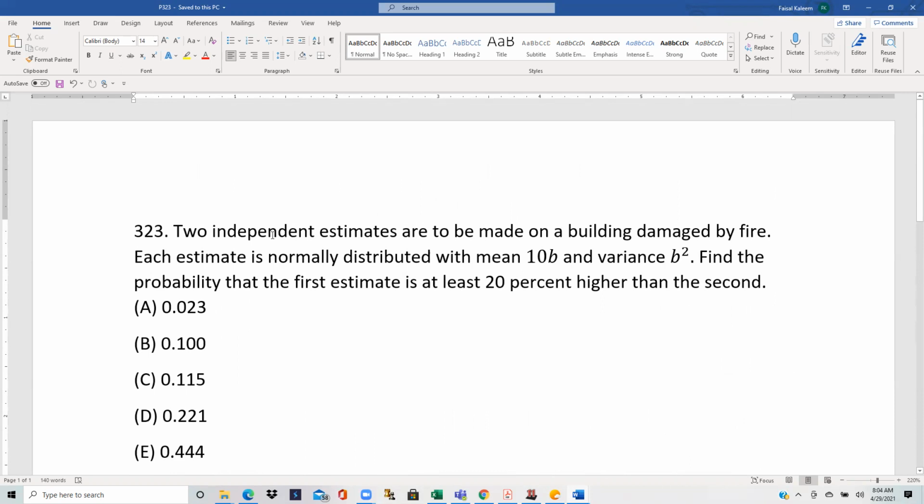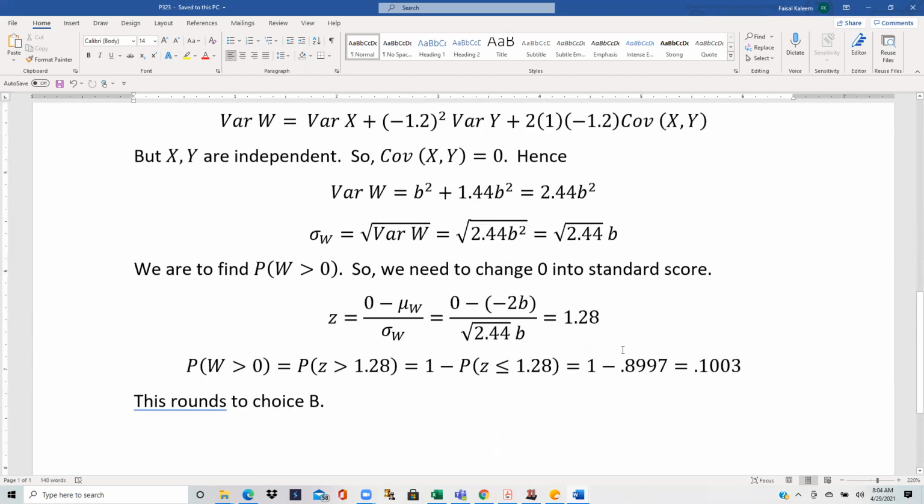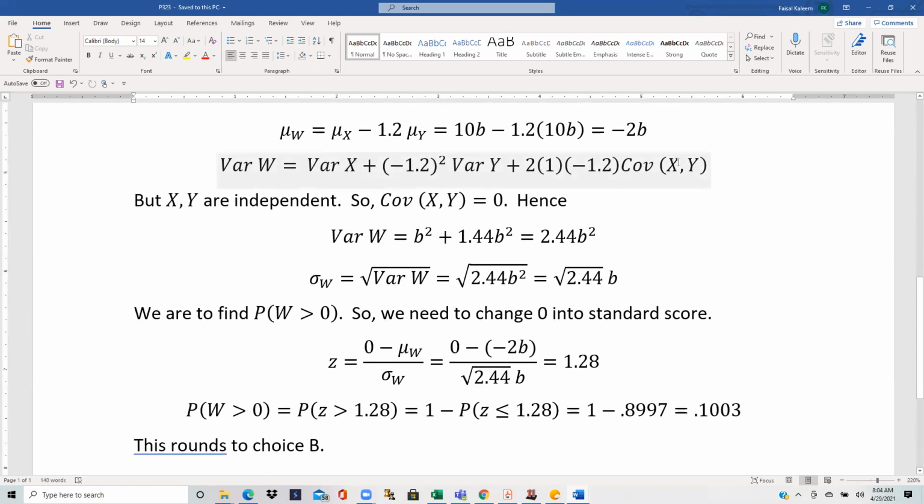So X and Y are independent, so their covariance is 0. So this part is gone, and therefore variance of W: variance of X is given to be b squared, variance of Y is also b squared, and 1.2 whole squared is 1.44. So this simplifies to 2.44 b squared, therefore the standard deviation would be the square root of 2.44 b squared, the square root of 2.44, and then times b.